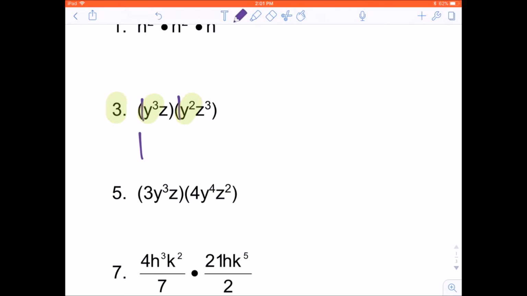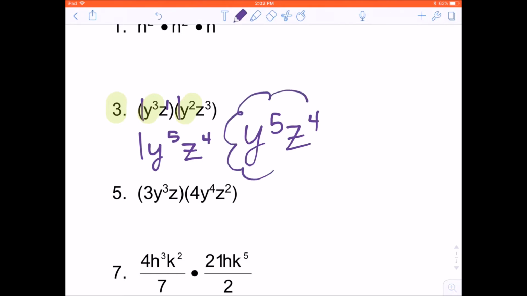You're adding them. So that would be y to the 5th. And then z to the 1st times z to the 3rd. We apply the law of exponents, and it is z to the 4th. And you would write that as y to the 5th, z to the 4th. It is not necessary to have the 1 in front.